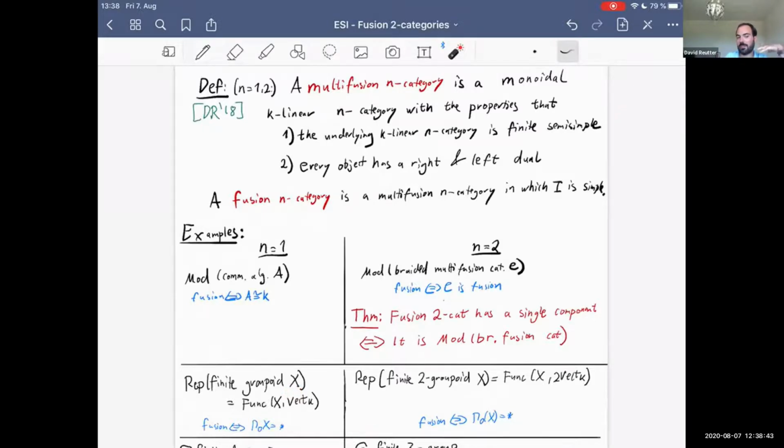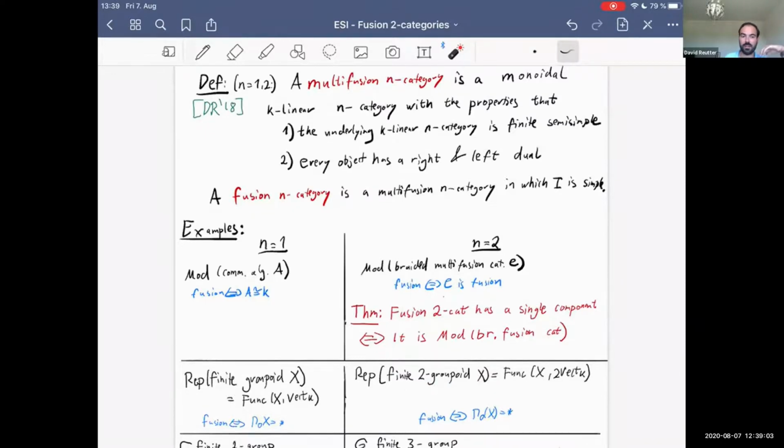Then it's just a representation category of that group, which is well known to be a fusion category. Similarly, if I take a finite 2-groupoid X, I can take representations of this finite 2-groupoid. Again, this is just functors from X now into 2-Vect. That's a multi-fusion 2-category, and it's fusion if and only if this finite 2-groupoid has just one point. So if it's the delooping of a 2-group.